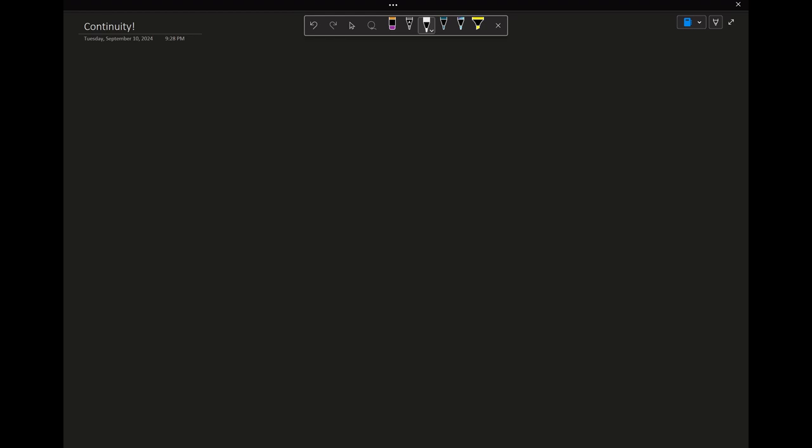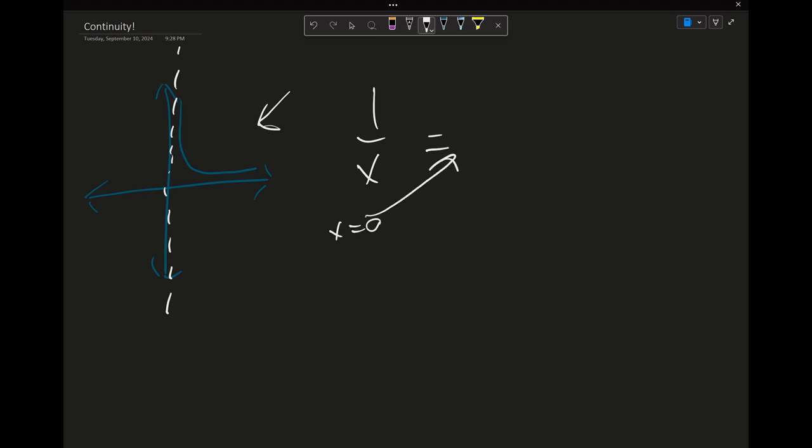Another idea is the idea that we looked at earlier about when we talked about different types of discontinuity, we talked about the infinite discontinuity, where there's an asymptote present here. So this asymptote is decided by the equation. So for example, here for the graph of 1 over x, we see that any value where x equals 0, this is the value.